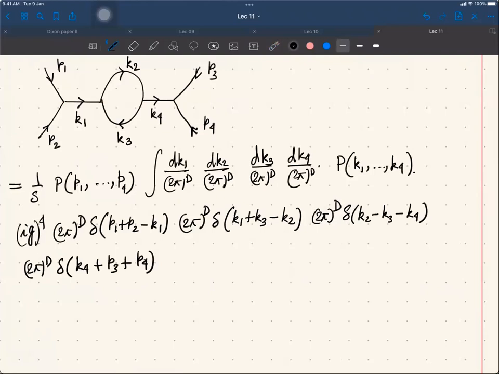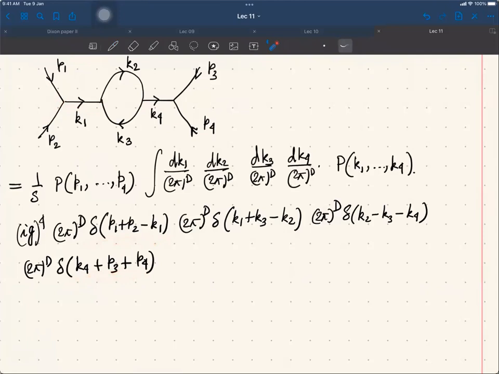Now you see the internal momenta that are not involved in a loop are necessarily fixed by the external momenta. For example, here in this case, these are K1 and K4. They are not part of loops, and they will be fixed by the external momenta. And these are fixed by these two momentum conserving delta functions, these two vertex factors.